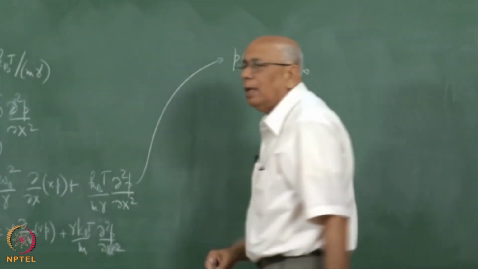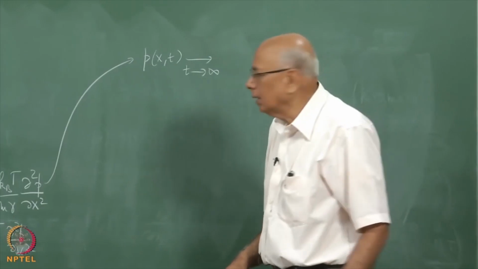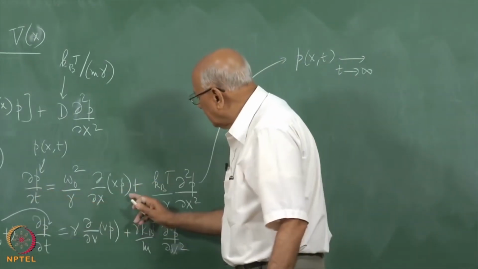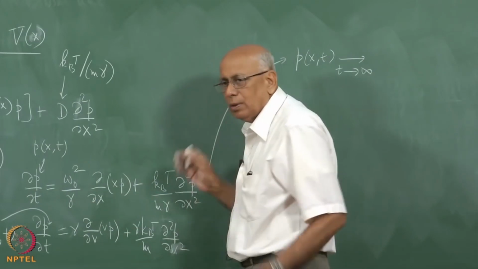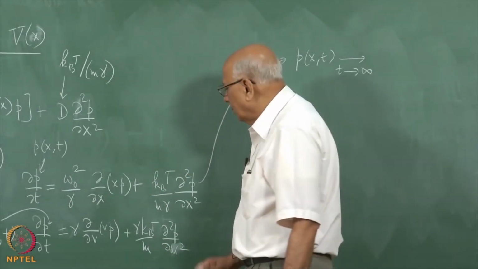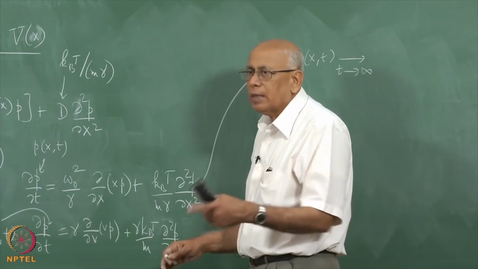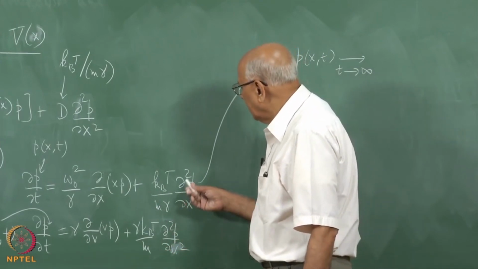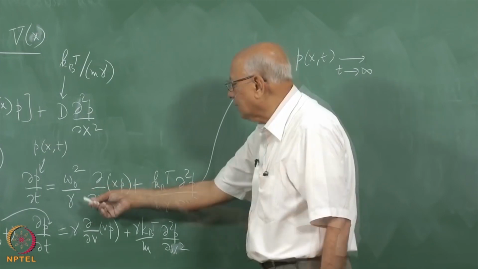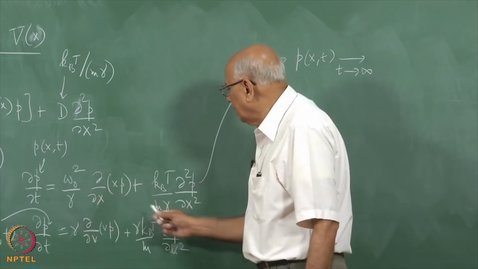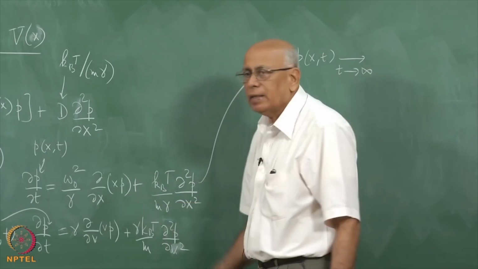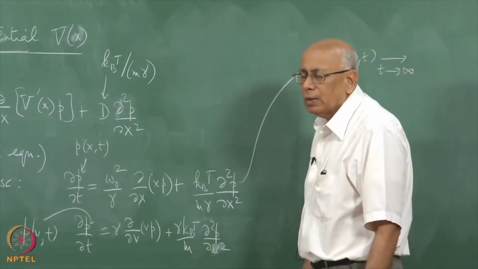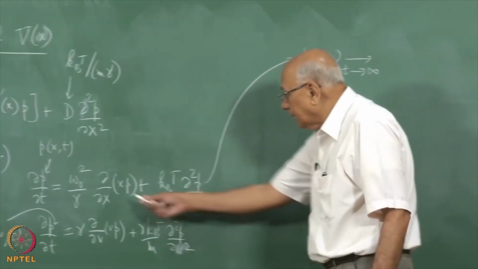There is genuinely an equilibrium distribution here, because that would correspond to setting this equal to 0. Then d over dx comes out, and whatever is inside is a constant which can be set equal to 0 for a normalizable distribution. Then you get dp over dx plus omega naught squared over gamma times m gamma over kT times x times p equal to 0.